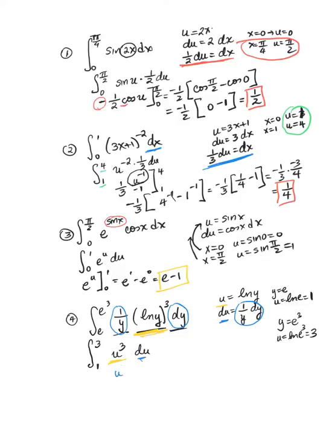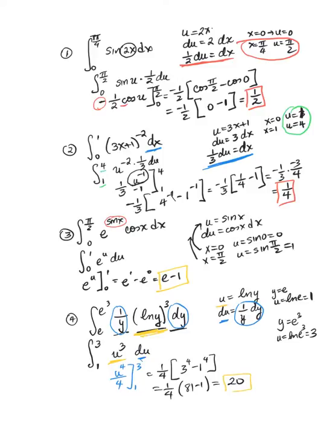So using the power rule, we get u to the 4th over 4 from 1 to 3. Take out the 1/4 and use the first fundamental theorem on the u part. So it's the upper one first. It's 3 to the 4th minus 1 to the 4th. So that gives us 1/4 of 81 minus 1. And that, I believe, is 80, and that gives us an answer of 20. So that one came out to be a nice answer.